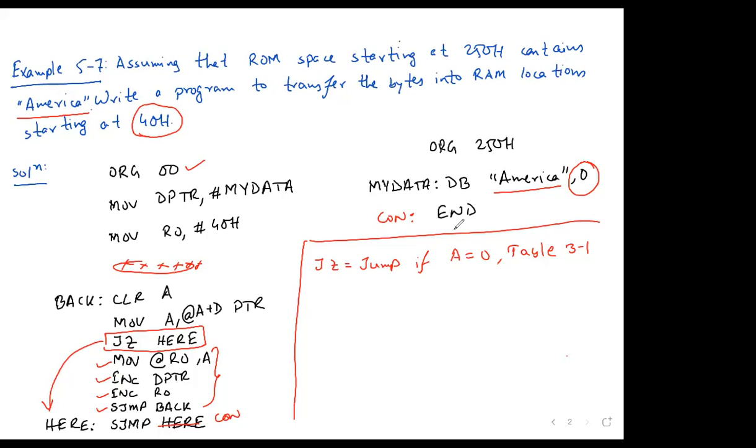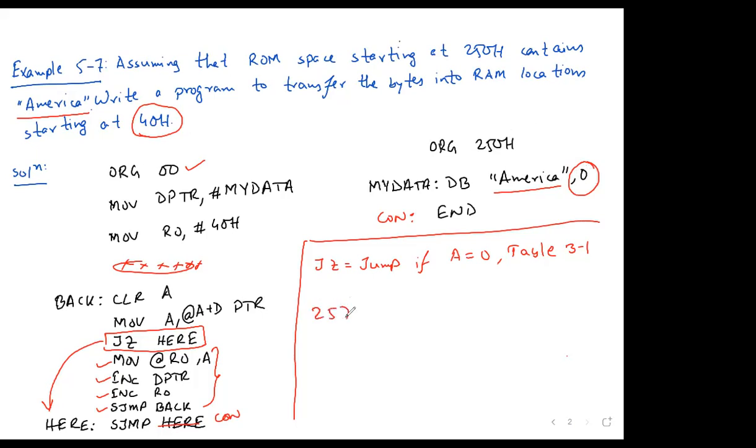Any other question, anyone? So sir, basically when encountering the null value, the DPTR will become 0. No, why will the DPTR say that? DPTR will contain the address. DPTR does not depend on all this data. Every time you will increase the DPTR, so DPTR will keep on increasing from 251 to 256.